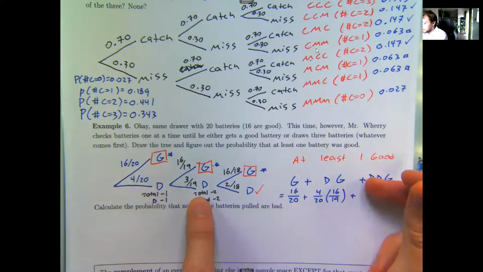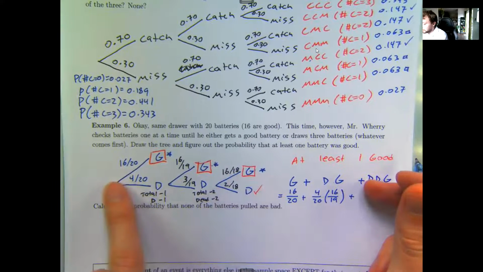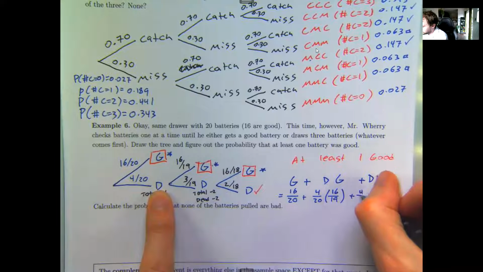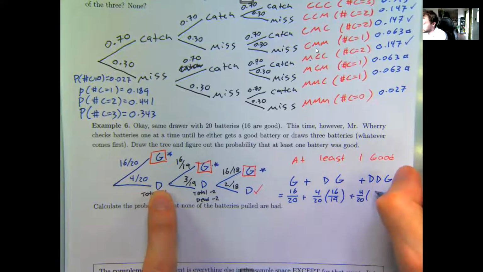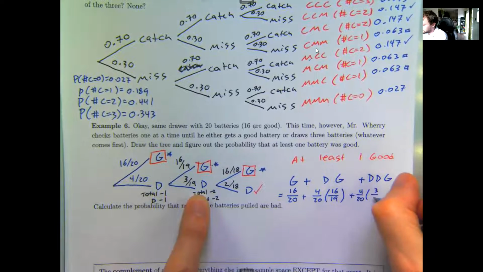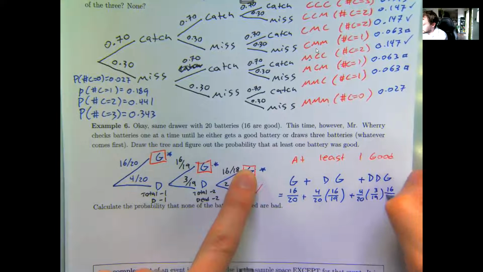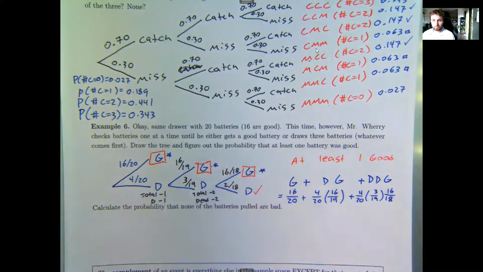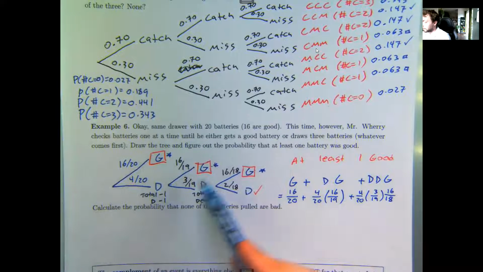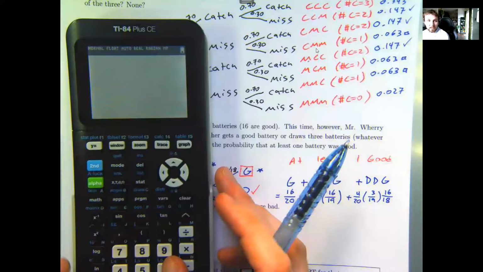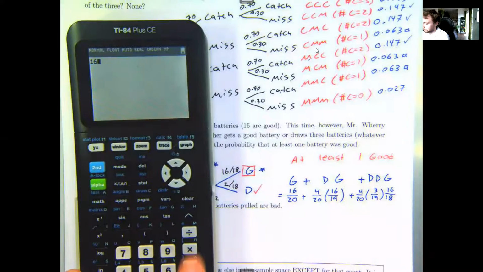Dead, dead, good. Dead is 4 out of 20, 3 out of 19, 16 out of 18. I'm taking all of the sequences that work. If it's a long sequence, I'm multiplying those values together, and I'm adding up all unique combinations.